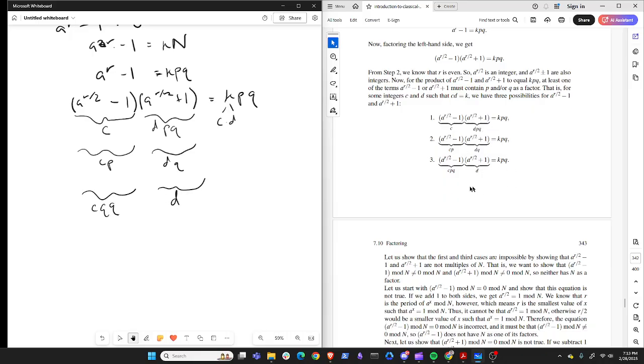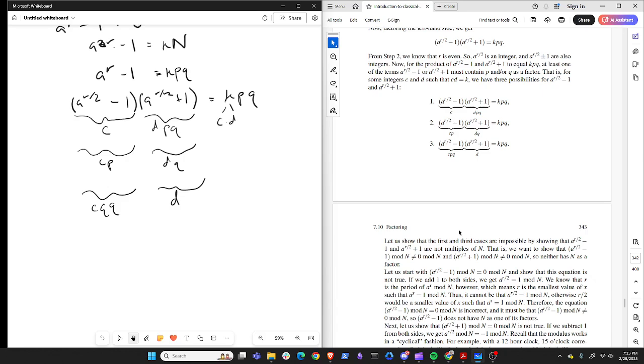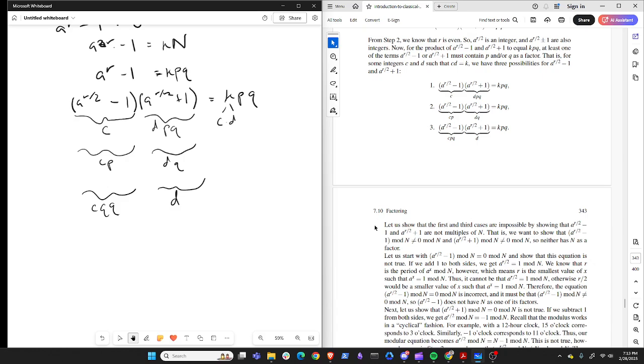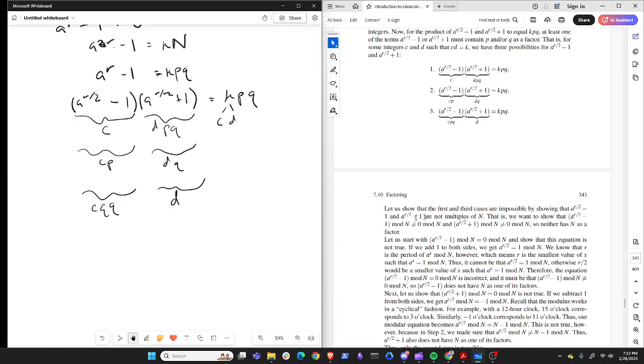And then they show essentially that the first and third cases are impossible by showing that a^(r/2) minus 1 and a^(r/2) plus 1 are not multiples of n.